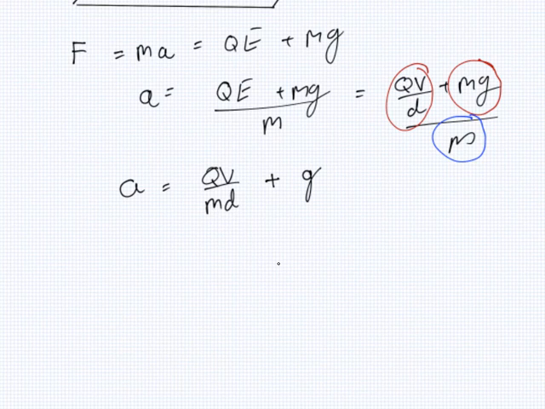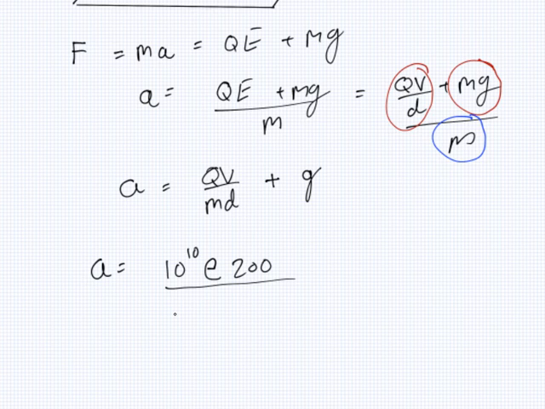Okay, continuing. So for the a, this Q is 10 to the minus 10, and the V is 200, and the m is, what do they say, half a milligram, which is 10 to the minus 6 kilograms.